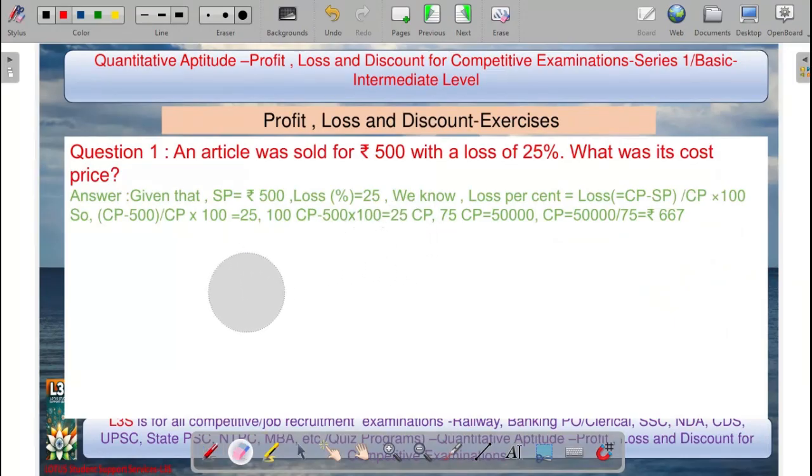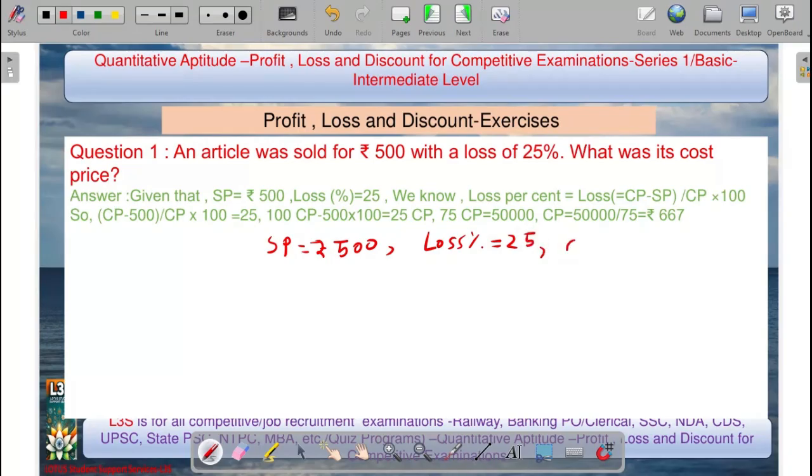So let's look at this. An article was sold for rupees 500 at a loss of 25%. What was its cost? So what is given here? Selling price, that is rupees 500. Then loss percentage, that is 25.